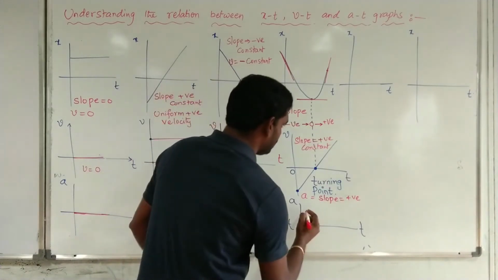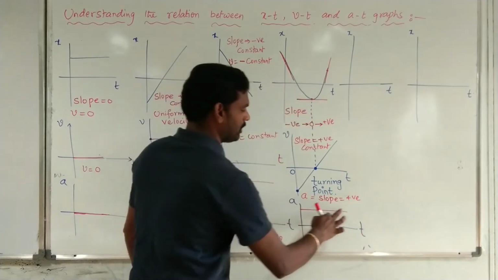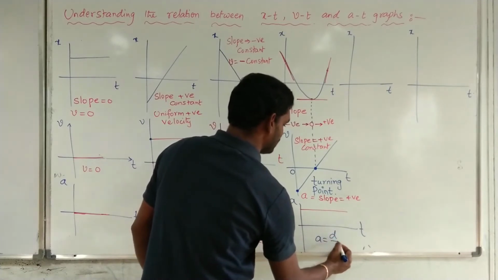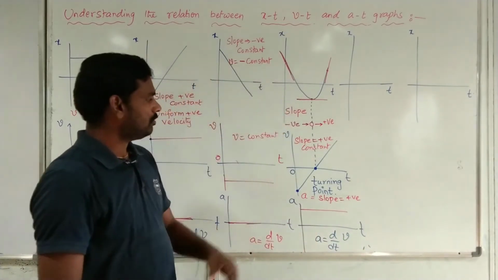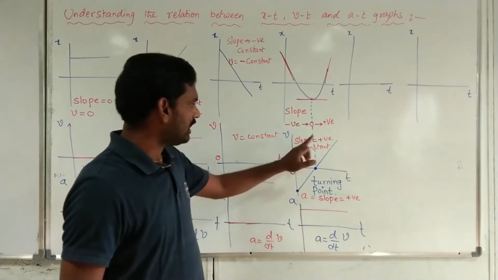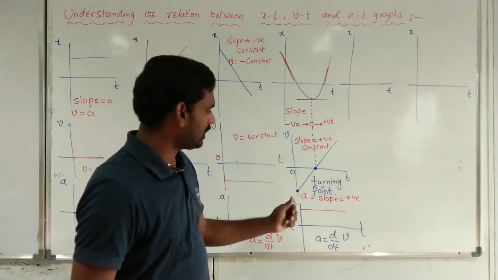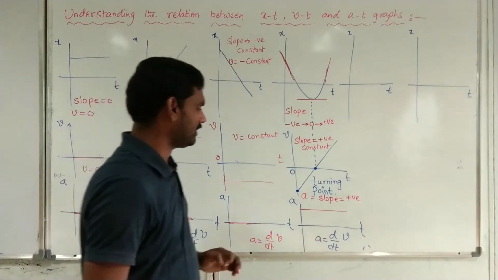Constant positive acceleration, because acceleration is nothing but the rate of change of velocity. The slope of the vt graph is nothing but acceleration, and the slope is positive and constant with respect to time.